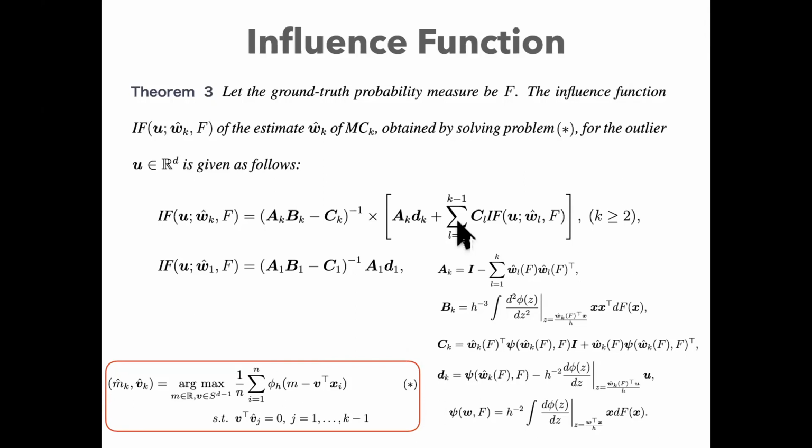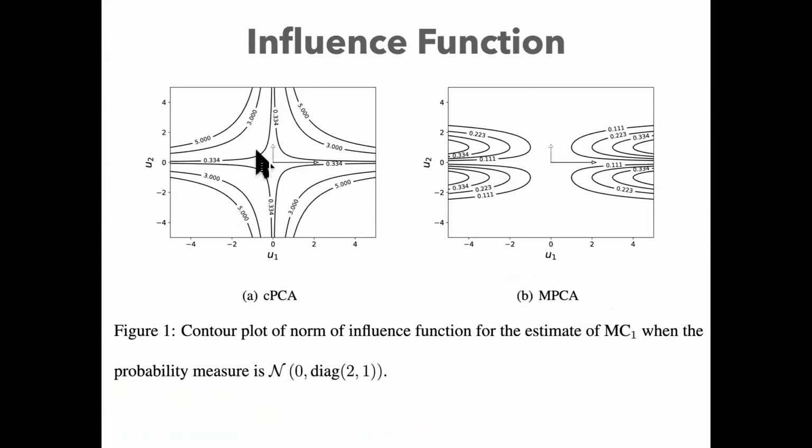And these are the contour plots for the influence function of the minor component: this one is from classical PCA, and this one is for modal principal component analysis.